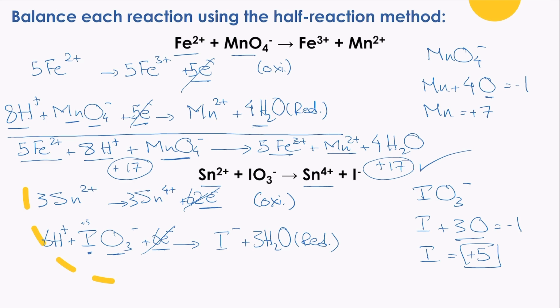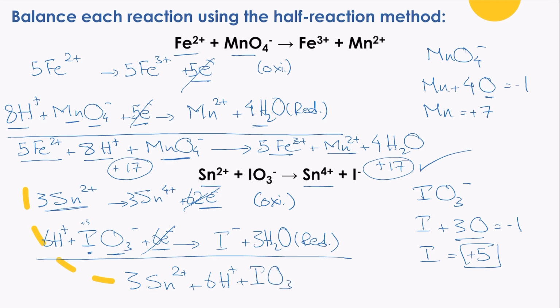Okay, let's check what we have here as an overall reaction. We have 3Sn2+, 6H+, IO3-. It's producing 3Sn4+, I- plus 3H2O.